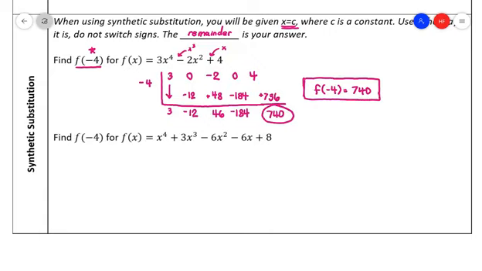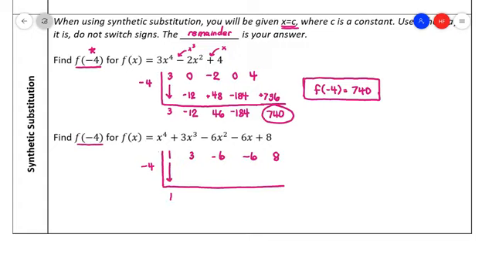Then we'll do the same thing with the next example. Check that all my powers are there. The highest one is a 4, should go 4, 3, 2, 1, constant, and it does. So I'll take their coefficients 1, 3, negative 6, positive 8. And we're plugging in a negative 4 again.